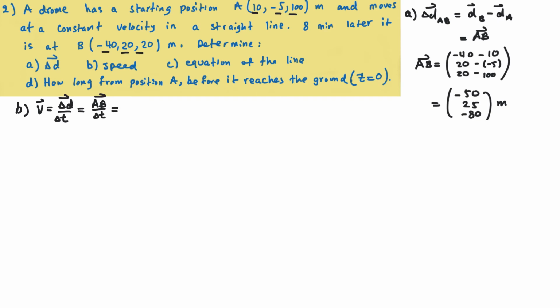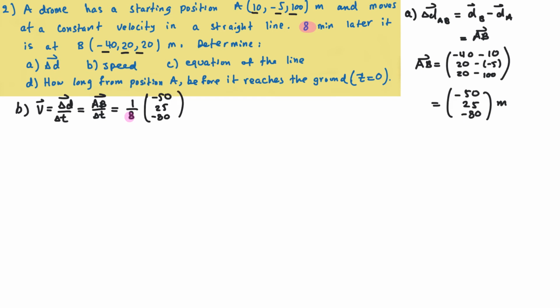So I'm going to write this as 1 over 8. The time here is 8 minutes as stated right here. And the vector AB is negative 50, 25, and negative 80.